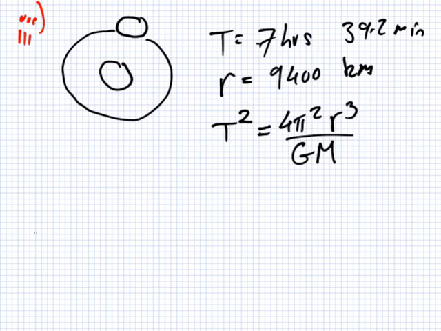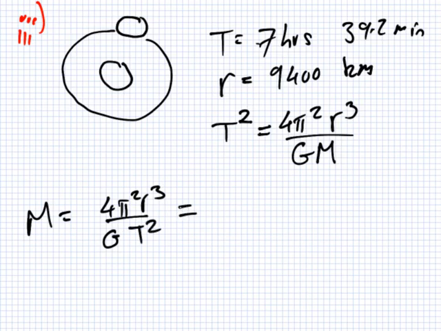What are we looking for here? The mass. So the mass equals 4 pi squared r cubed over G T squared. Okay. 4 pi squared times 9400 cubed over the time.